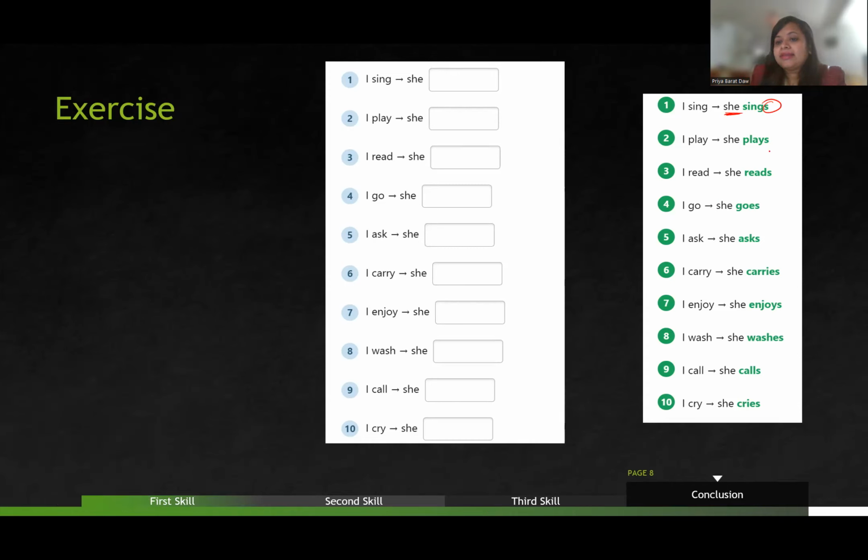Like that: I play, she plays. I read, she reads. I go, she goes. I ask, she asks. I carry, she carries. Remember, here is why we use ies. Now: I enjoy, she enjoys. I wash, she washes. I call, she calls. I carry, she carries. Whenever we use the verb for third person, we use the verb like this.